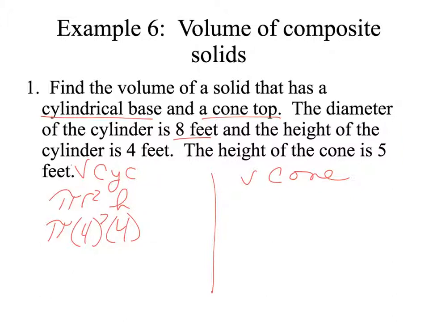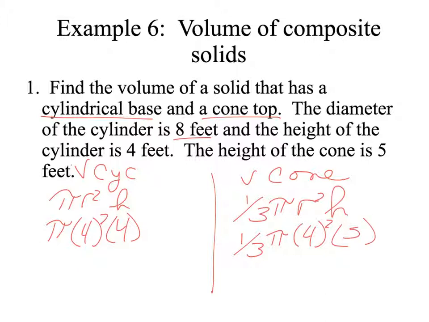My cone is going to have the same radius because they're sharing that cylindrical top. So 1/3 times pi times my radius again of 4, and the height of the cone is 5. So do each one separate.